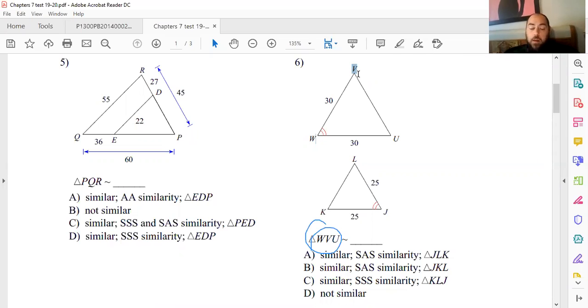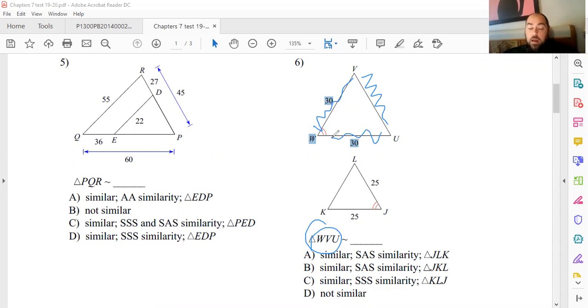Cool. Okay. So if we're walking, we'd go here, down that 30, down the unmarked side, and then back up to 30. So here we have JLK, JKL, or KJL.